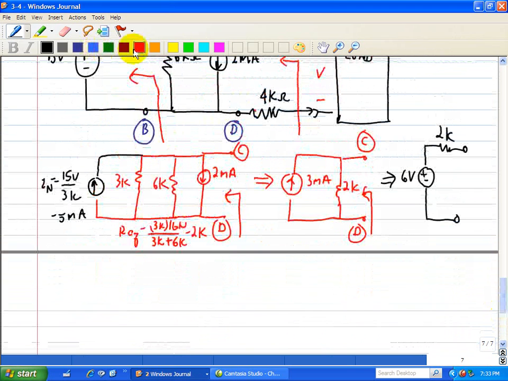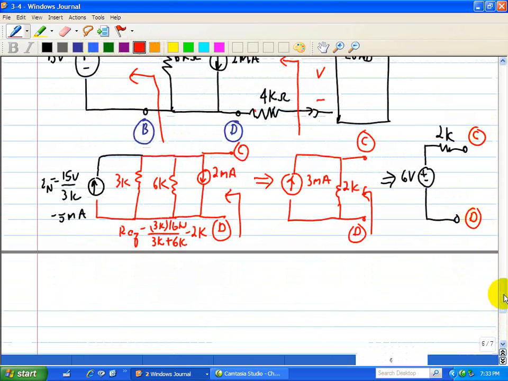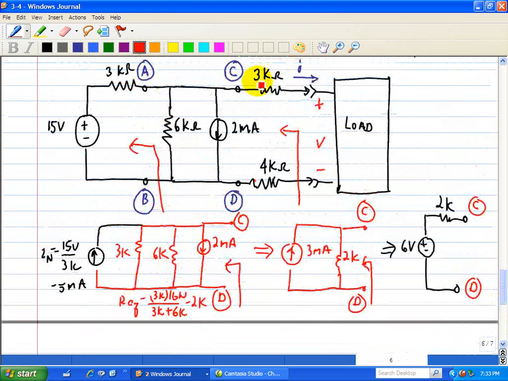So in this case, this is again between terminals C and D. So when we convert that, this 2K is in series with this 3K as well as this 4K.